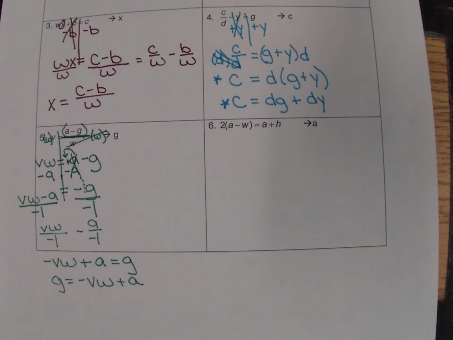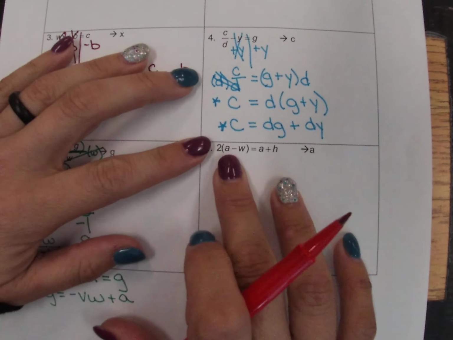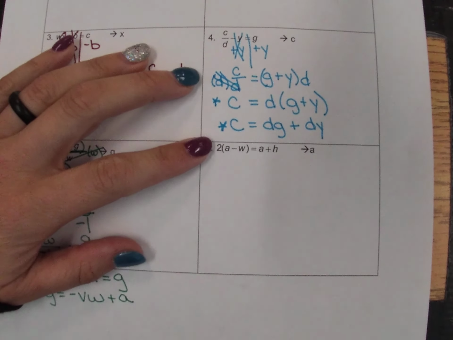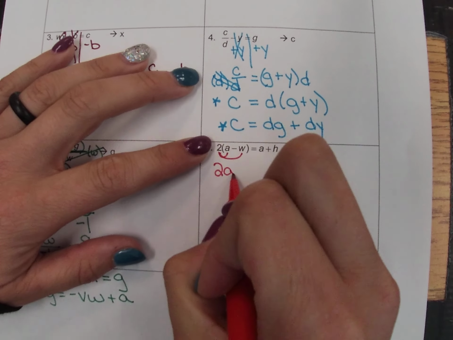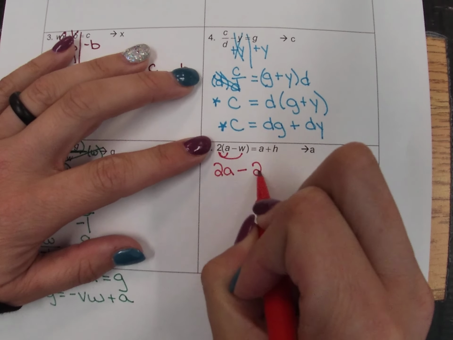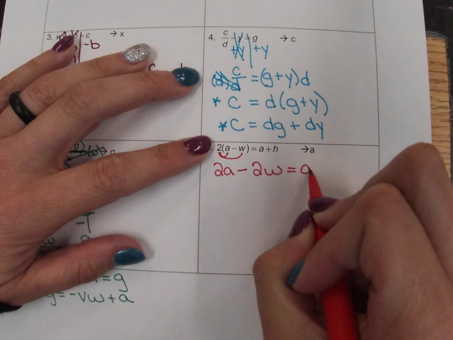For the last problem that we are looking at, we want to solve for A. So if we need to get to this A, the first thing we're going to have to do is get rid of those parentheses. So we get rid of parentheses by distributing. So 2 times A is 2A, and 2 times W is 2W.